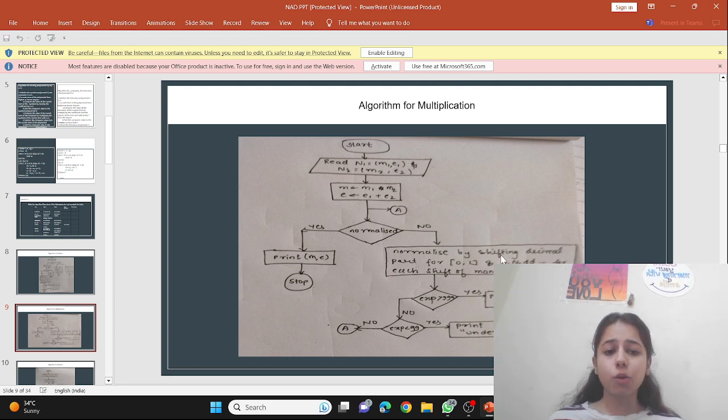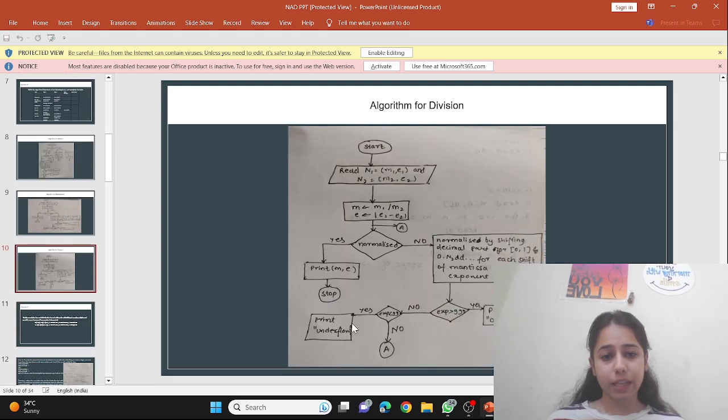If it is not, then normalize by shifting decimal part for 0, 1 and 0 and 2. For each shift of mantissa, adjust exponent. If exponent is greater than 999, then print overflow. If it is not, then we will check if exponent is greater than 99, then we will print underflow. If not, then it will be stored in A.